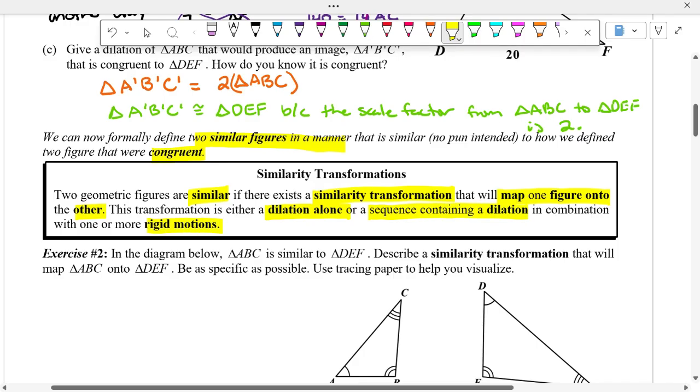Remember when we did composite transformations, and sometimes we would have, say, a translation, then a rotation, then a dilation. As long as a dilation is part of the sequence, it creates similar figures. So just know that if a dilation is in there somewhere, it's similar.